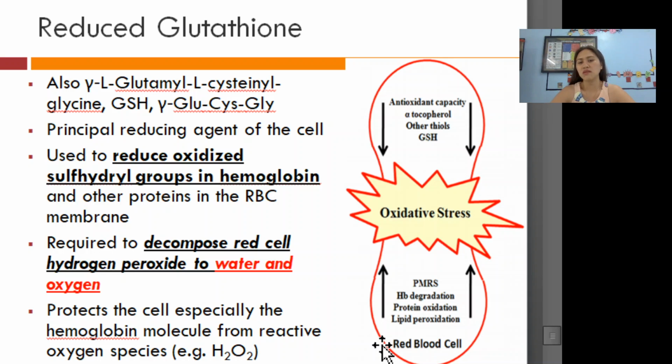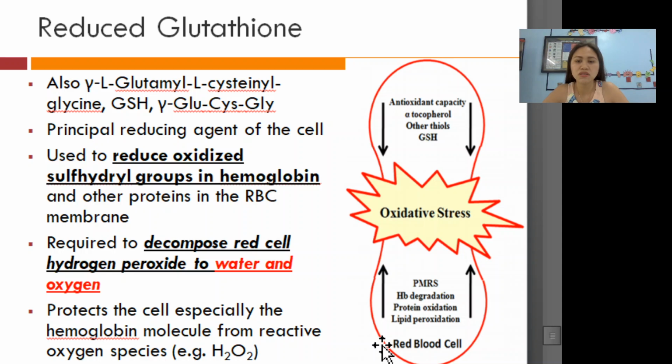And this is required to decompose or dissociate the hydrogen peroxide into water and oxygen, so it breaks it down and it cannot destroy the cell proteins. So this protects the cell, especially the hemoglobin molecule, from reactive oxygen species.